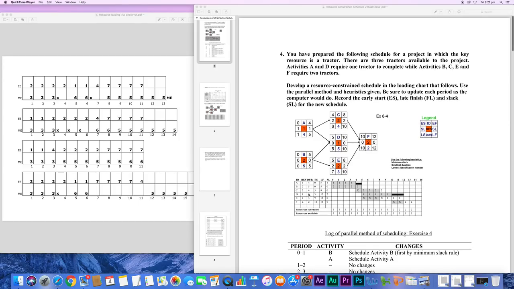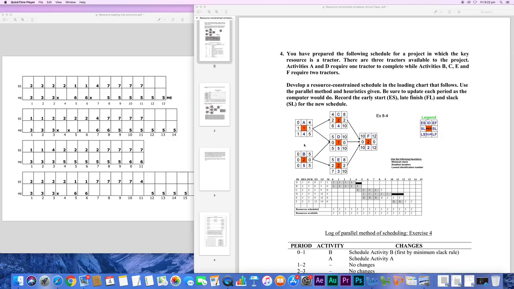So let's cover this problem. We've got 3 resources available in total. We cannot have more than that. In the first period of time, 0 to 1, 2, 3, 4, we've got activities A and B scheduled in our original AON network, without the resource loading chart. 1 and 2, that's 3 tractors in total, so we don't have a problem in the first 4 periods.